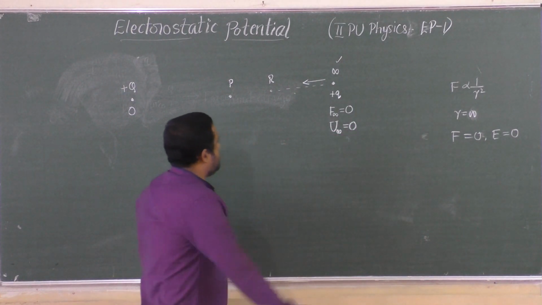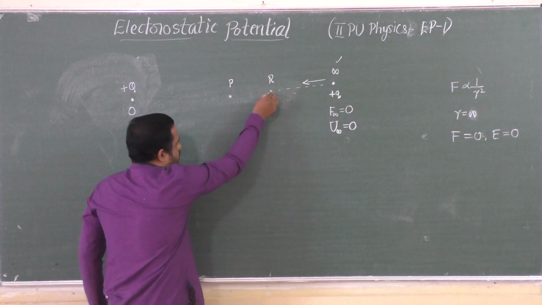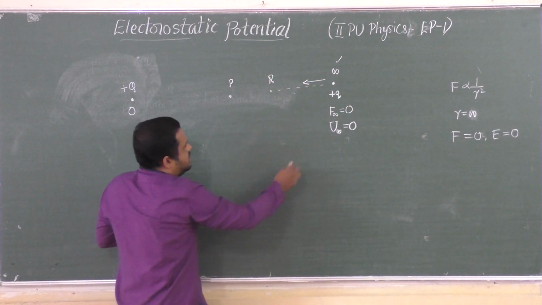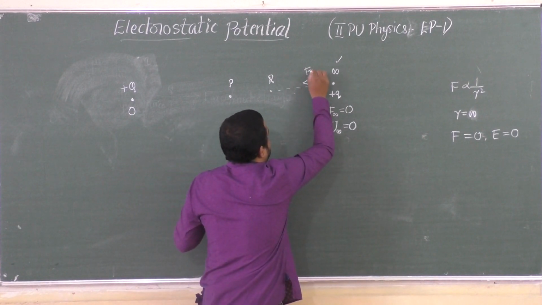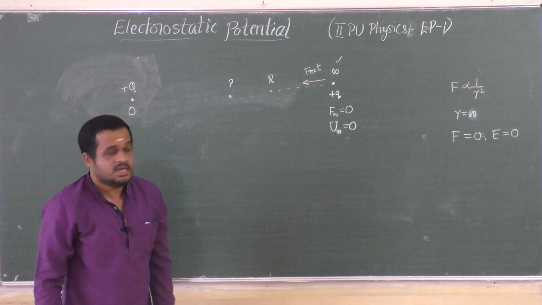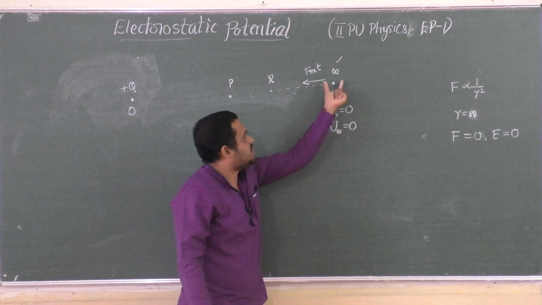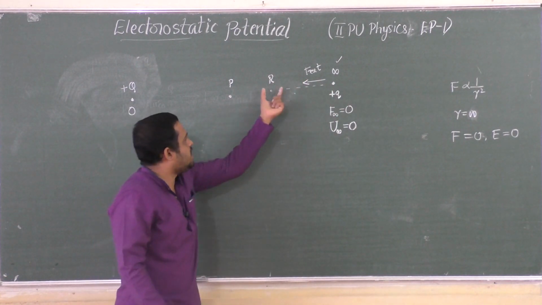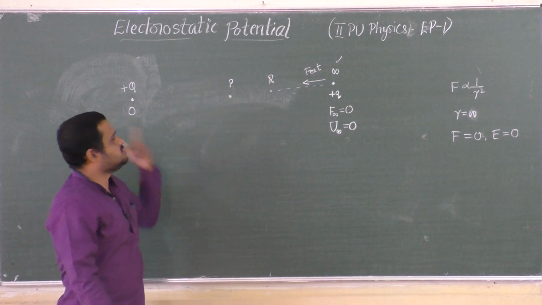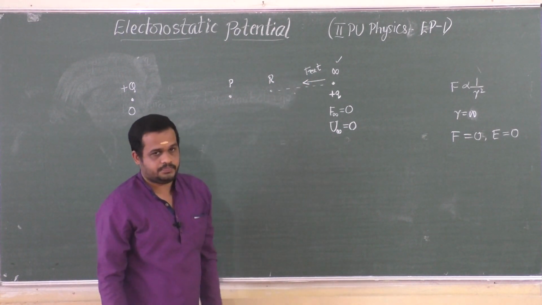That means if you want to shift this test charge from infinity to a point near the source charge, a certain amount of external force is necessary. With the help of that external force, we can shift this test charge from infinity to point R or to point P or some other point.